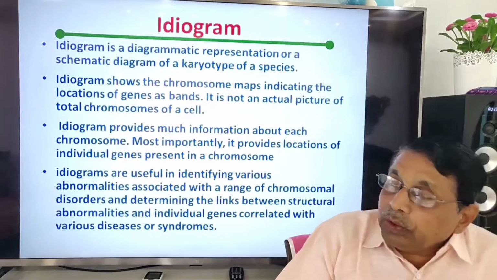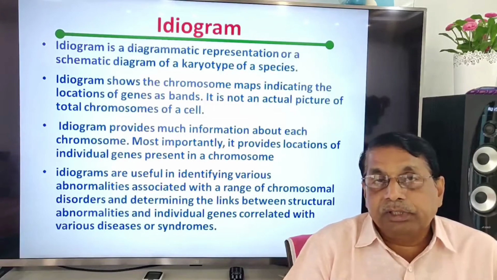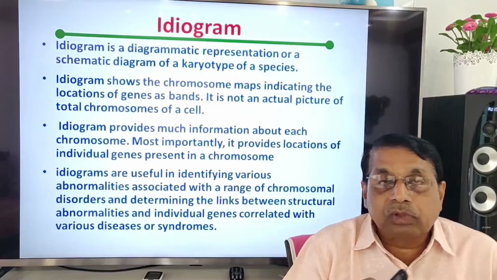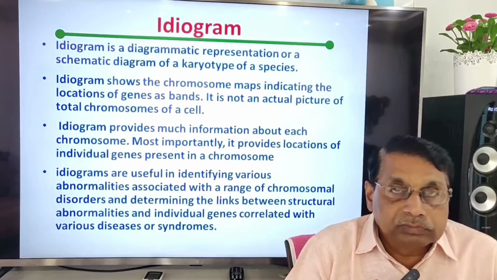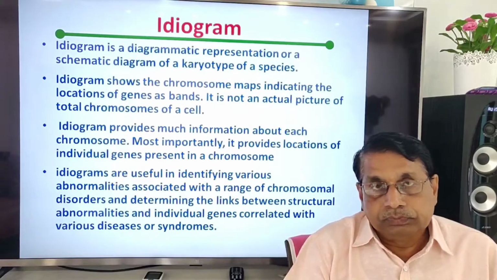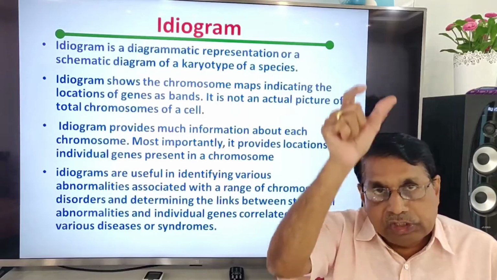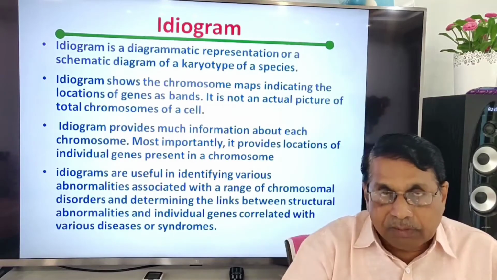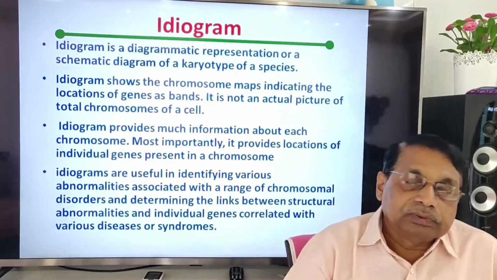Then idiogram. What is the difference between karyotype and idiogram? Sometimes called karyogram. Suppose you take a particular chromosome. There will be genes arranged linearly, one after the other.